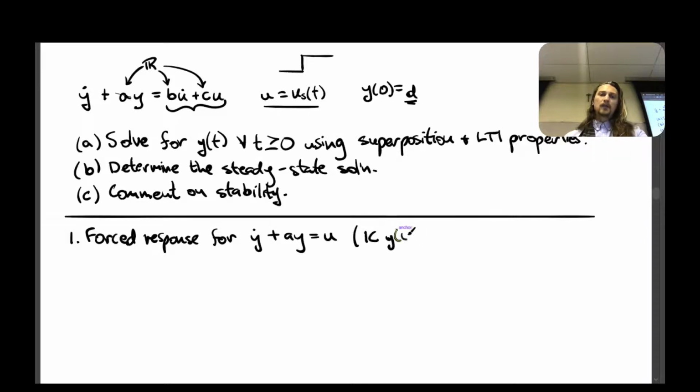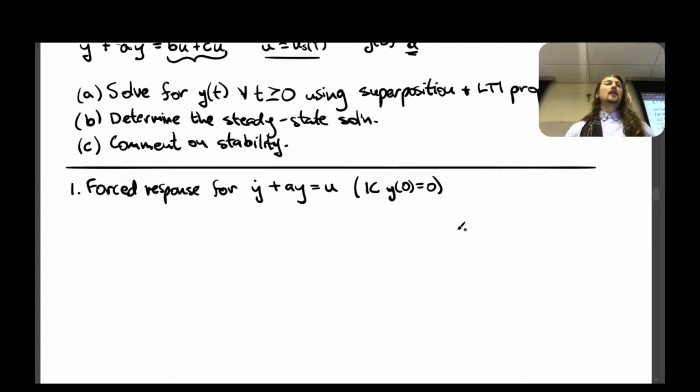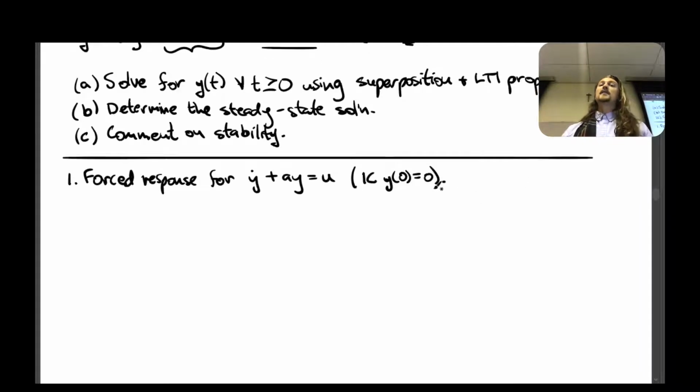In other words, y of 0 equals 0 will be the initial condition we'll use to find the forced response. The forced response is always for when the initial condition is 0. Once I say forced response, you should know initial conditions are 0. Okay, so we'll find this forced response.